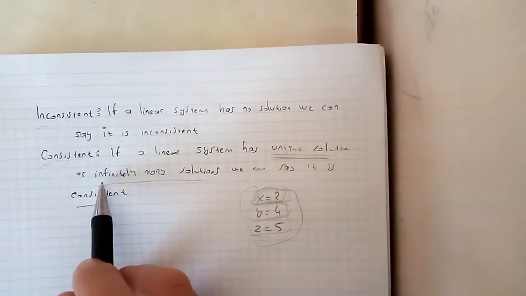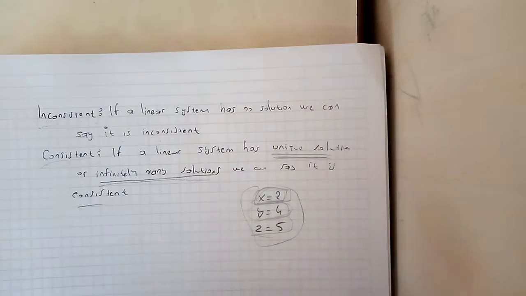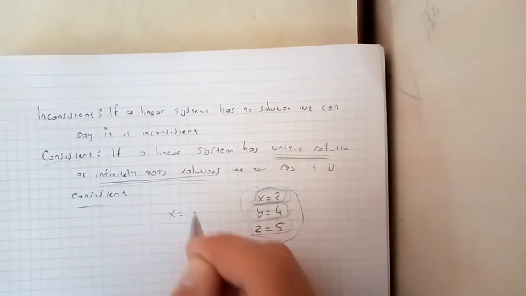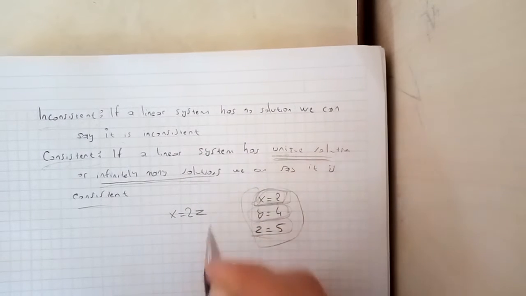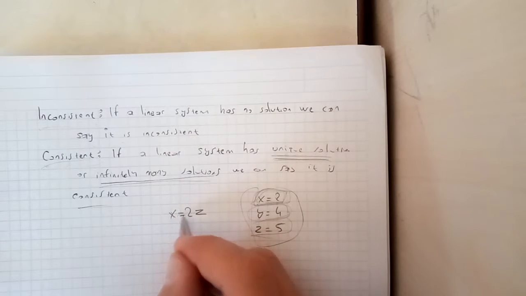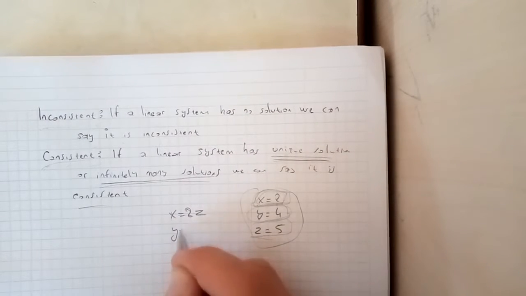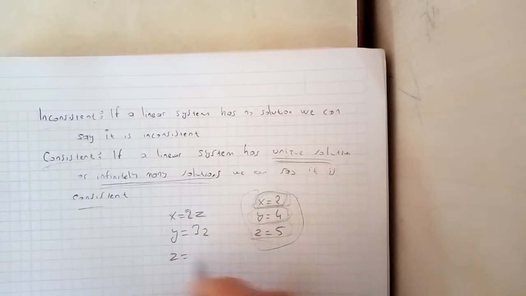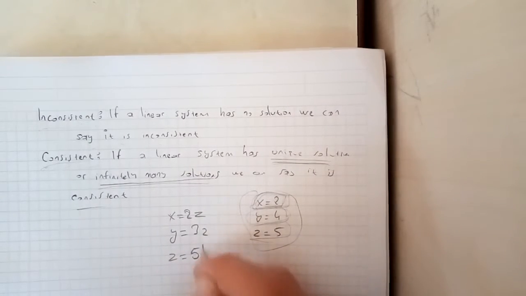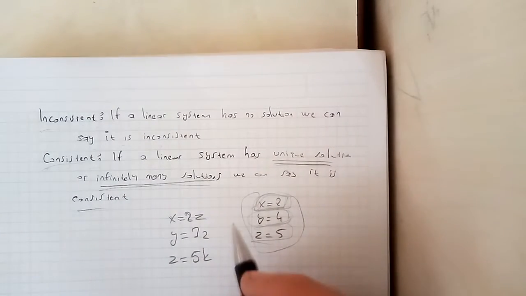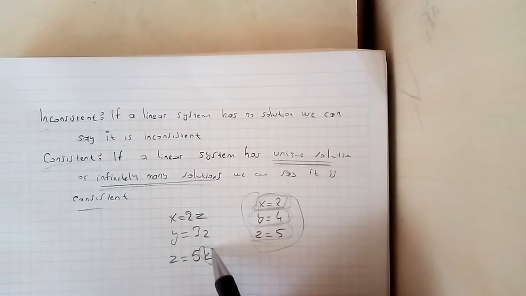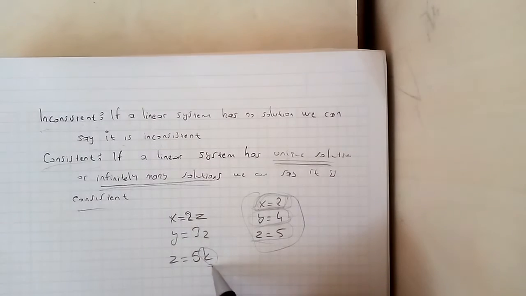And another situation is infinitely many solutions. For example, you try to solve a linear system using the Gauss-Jordan method and you reached these solutions. We said x equals 2z and y equals 3z and z equals 5k. Here you can put numbers. It doesn't matter which number.